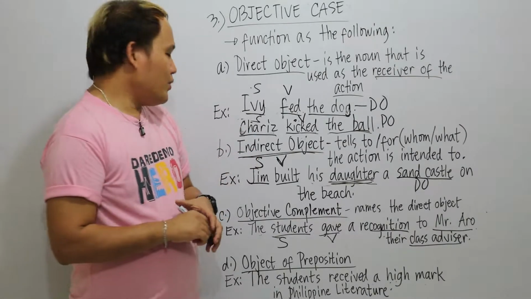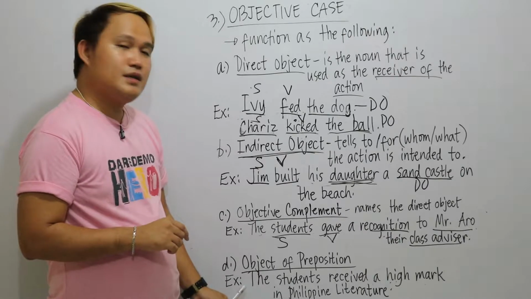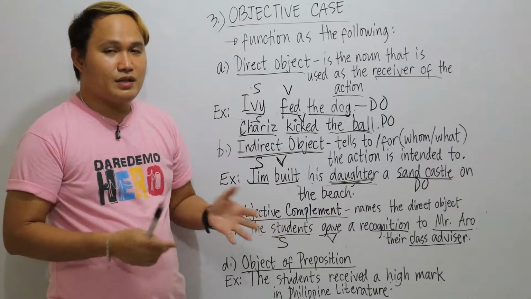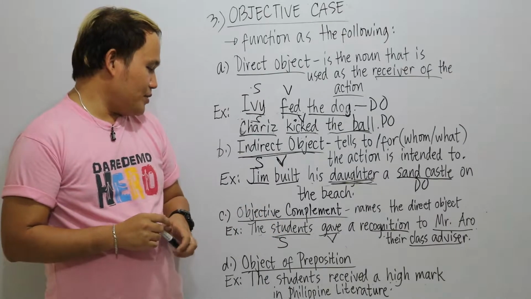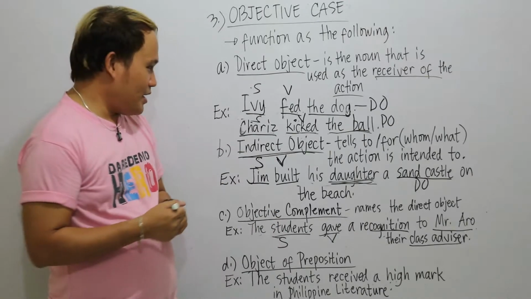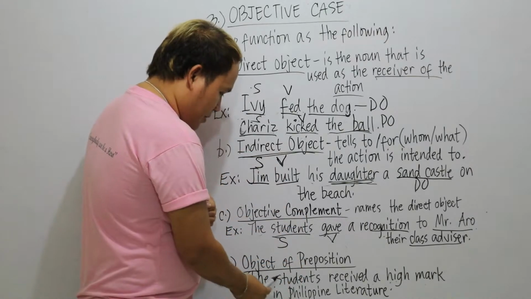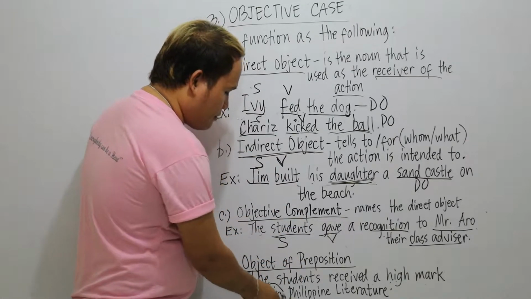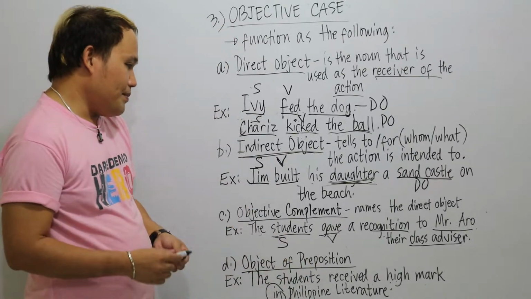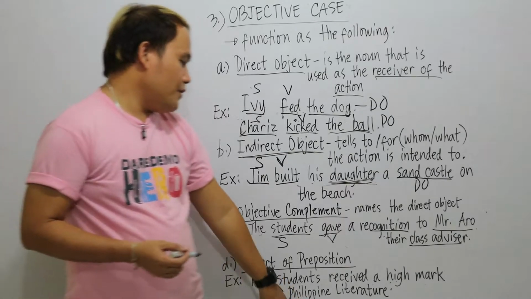Now we're done with the last function, which is the object of preposition. Object of preposition is easy to identify because of the presence of a preposition. In this example: the students received a high mark in Philippine literature.